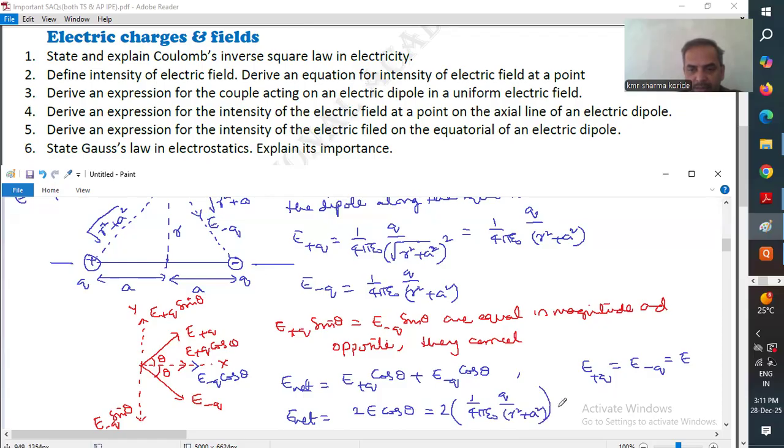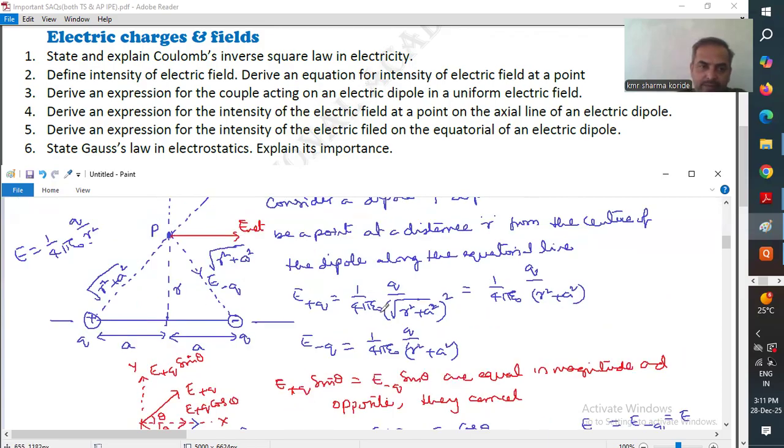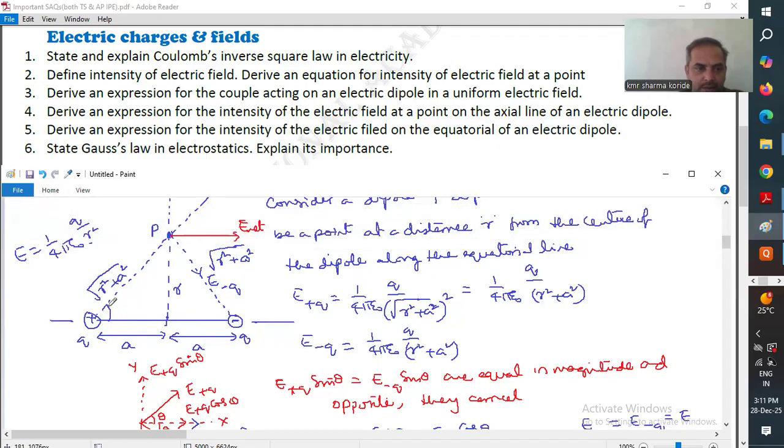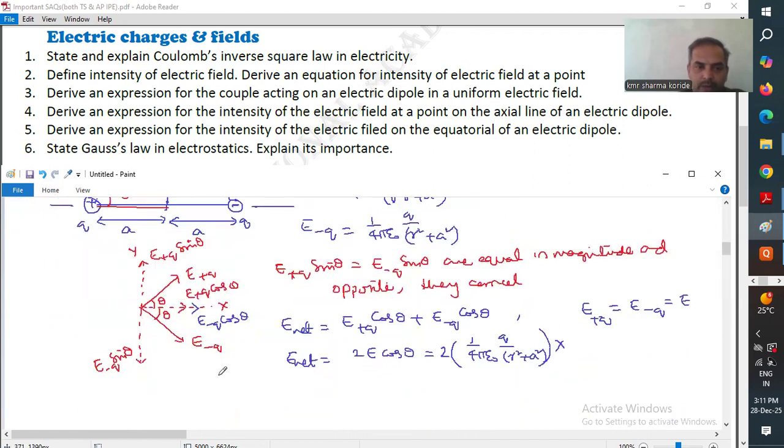Now coming to the cos theta part. You can say this is a right angle triangle. If you give theta here, cos theta means adjacent by hypotenuse. So the adjacent is A in the diagram, and the hypotenuse is the square root of R square plus A square. This term is without root, but this term is with root.